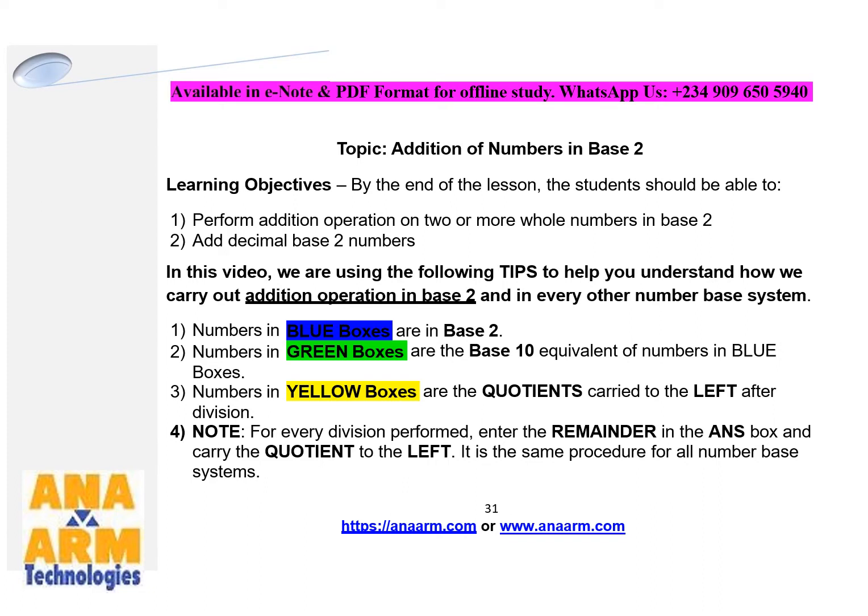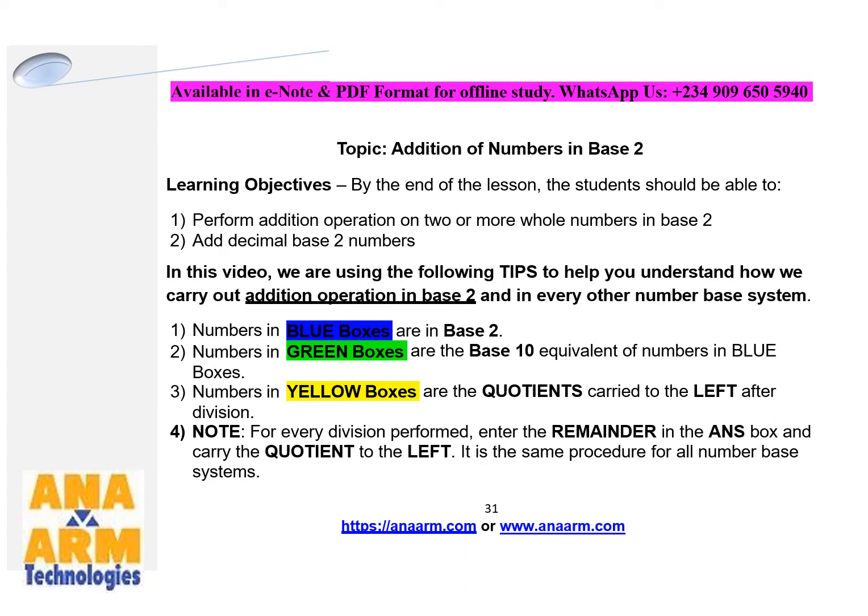Just to remind you about the conversion of base 2 to base 10. Tip number 3. Numbers in yellow boxes are the quotients carried to the left after division. You get to know more about this later.